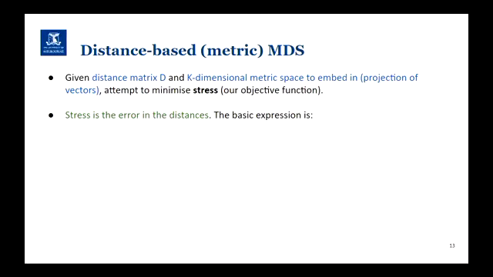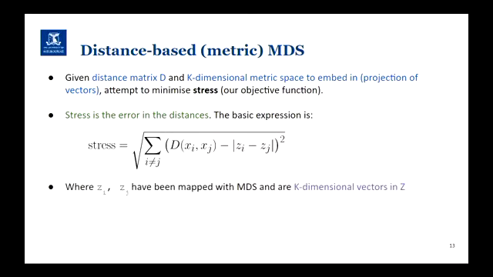Compare the distance between two points in high dimension and low dimension space. And it can be given, for instance, as a given expression. Stress could be basically the difference between my distance in high dimension and the distance in lower dimension, considering zi and zj, the mapped points in k-dimensional space. Okay? And we want to minimize this function.